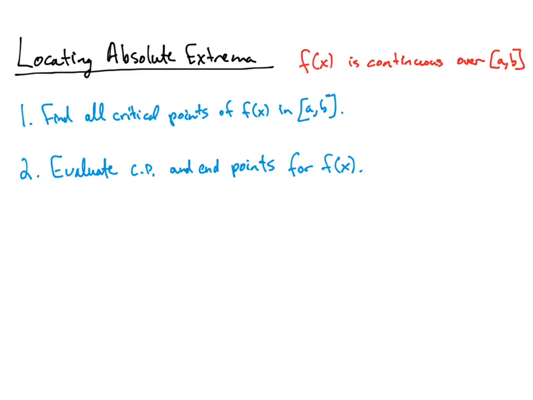We want to plug those into the function, and we also want to input the endpoints into the function, because the endpoints could also be where the function has its max or min values. So critical points and the endpoints into the function.